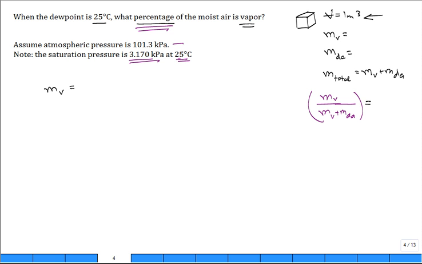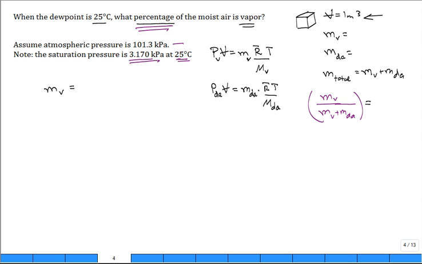You'd use the ideal gas equation, something like PV is equal to mRT, or R bar over the molar mass of the vapor, because we're looking to calculate the mass of the vapor. And then you'd use the same equation if you knew the partial pressure of the dry air and the volume of the room. You'd calculate the mass of the dry air using the ideal gas equation and the molar mass of the dry air. So those are the two equations we need to use.